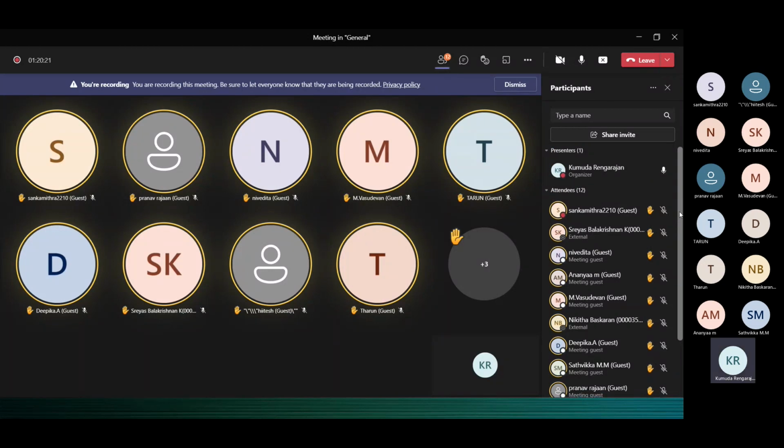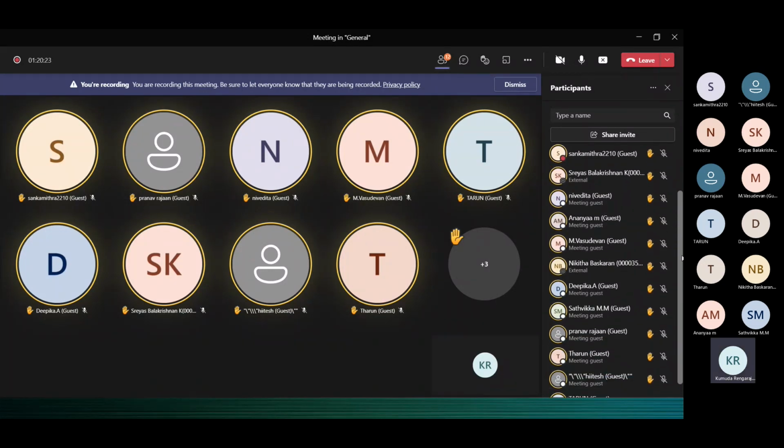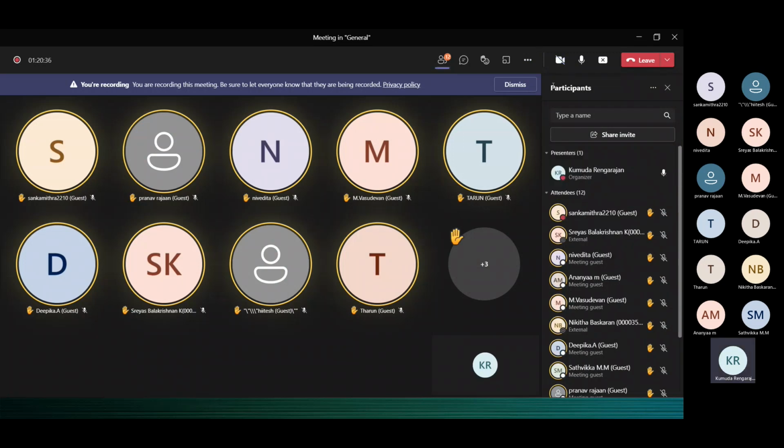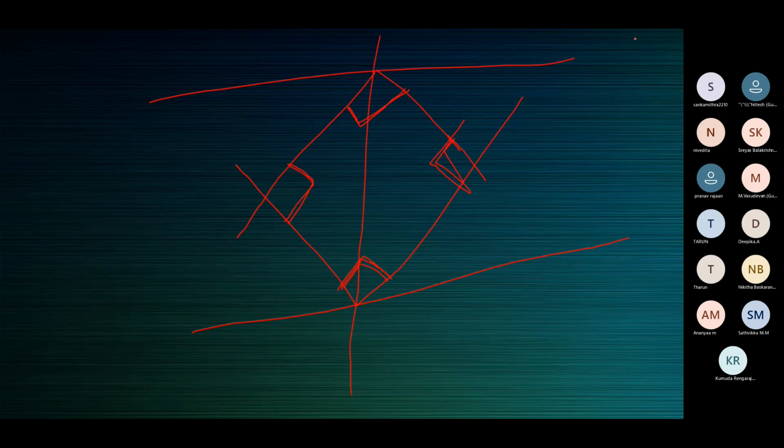So there is Sangamitra, Shreyas, Nivedita, Ananya, Vasudevan, Nikita, Deepika, Satvika, Pranav Rajan, Tarun, Hitesh. All right, children, you may lower your hands.